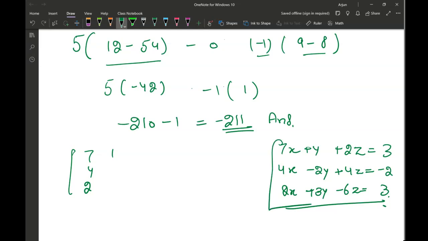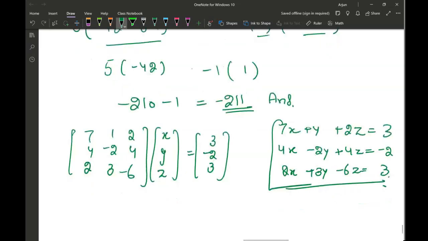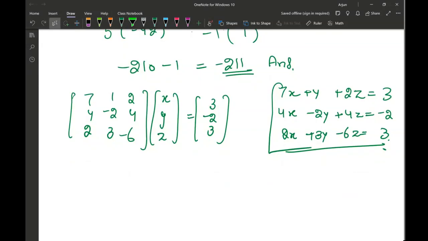So I'm going to put it in the matrix form: 1 minus 2 3, and 2 4 minus 6, and then xyz, and then 3 minus 2 3. This is the question, and I'm going to now try and find the determinant of this one.